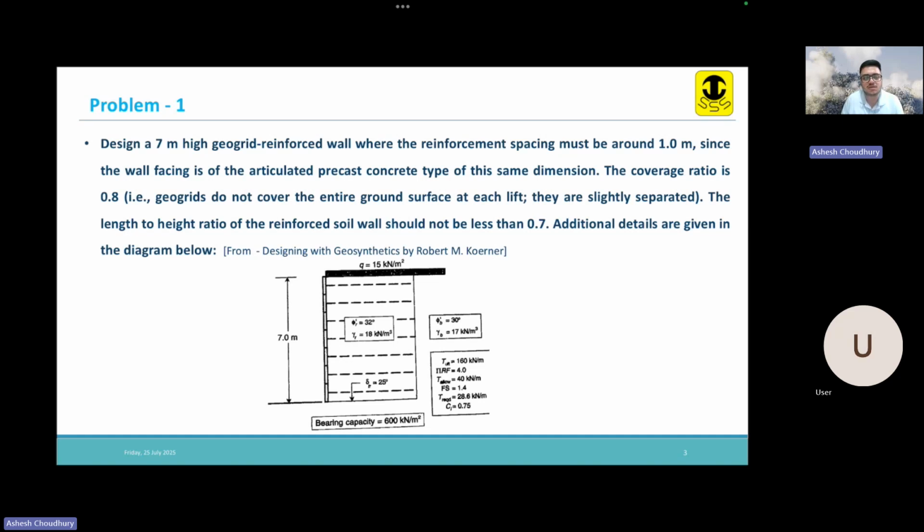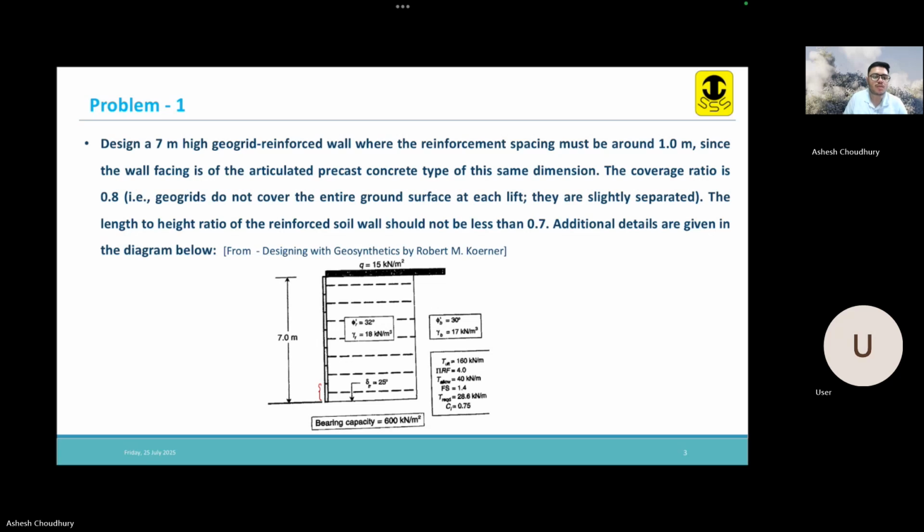So here it is given that we have a 7-meter high geogrid reinforced wall to be constructed, where the reinforcement spacing must be 1 meter, since the wall facing is of precast concrete type of 1 meter height. These precast concrete blocks are 1 meter height, so we have no option but to use this 1 meter spacing.